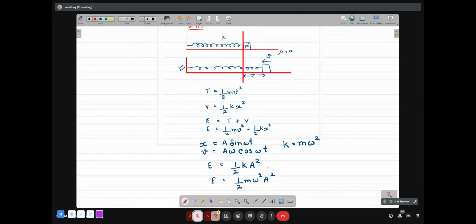Which one is variable? Sir, all are constant. Yes, very correct. None of the quantities is variable, which means that the total energy of a harmonic oscillator is constant.